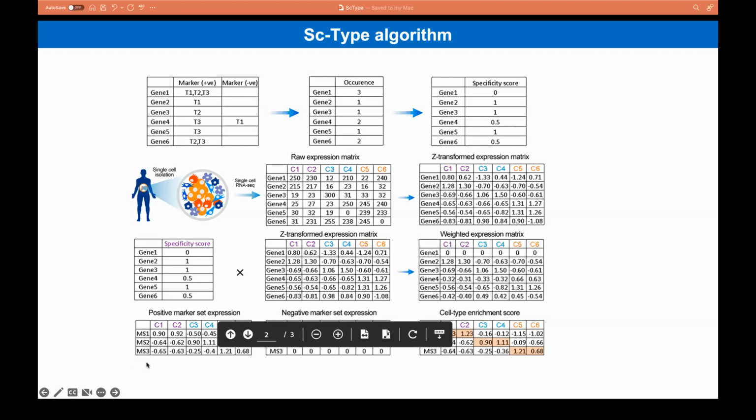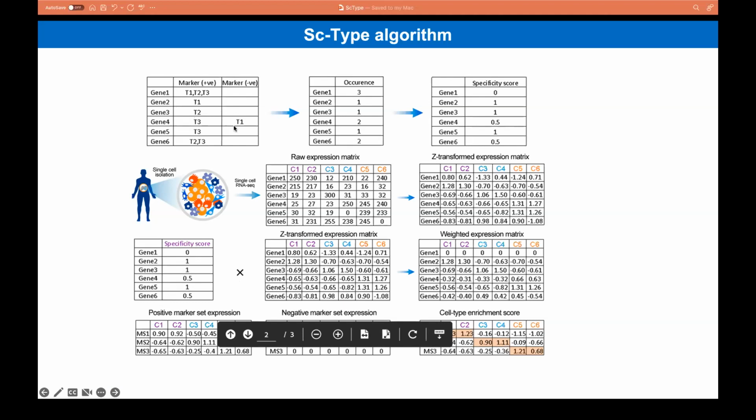For example, MS1, MS2, MS3 represent the 3 tissues that I was explaining earlier, T1, T2, and T3. And MS1 was T1, and it has 3 genes: gene 1 for T1, gene 2 for T1, and then gene 4.